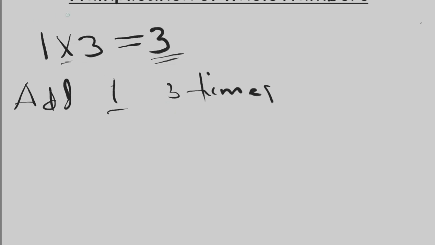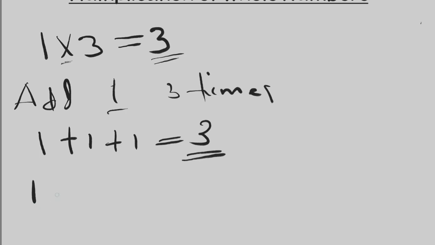When we write 1 times 3, what we are really saying is add 1 three times. So in that case, I'll have 1 plus 1 plus 1, and 1 plus 1 plus 1 is 3. That is what it means when we say 1 times 3.